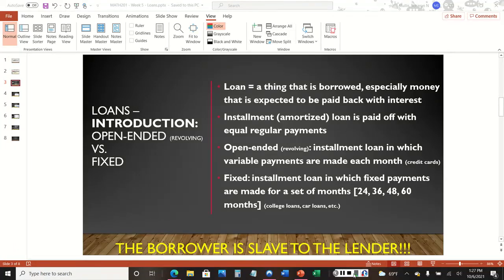It's generally paid off within 24 months or 2 years. 36 months is 3 years. 48 months is 4 years. 60 months is 5 years. Those type of loans are more like college loans, car loans, and also like mortgages. The revolving installment loan is more of the credit card, which we're going to discuss a little bit more in depth.